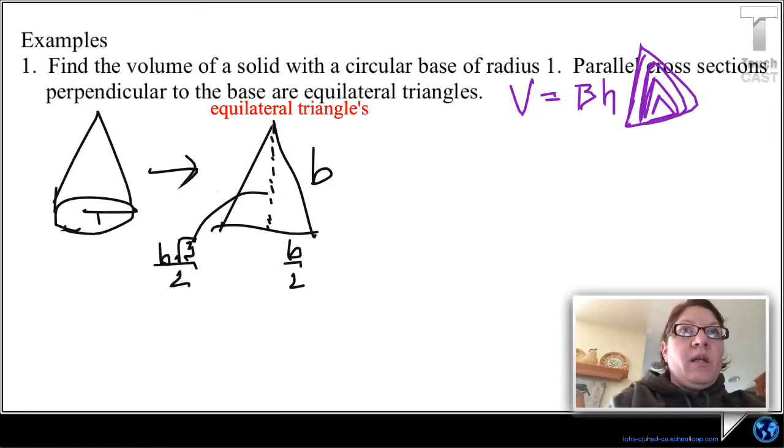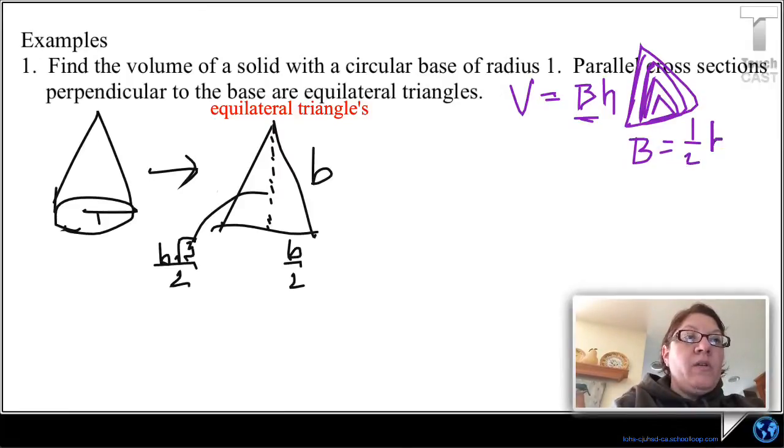So it's like I'm taking a stack of triangles going from small to big and then big to small on the back side of it. Which means, of course, that the area of my base is this equilateral triangle. So big B is going to be 1/2 the base of the triangle times the height of the triangle.